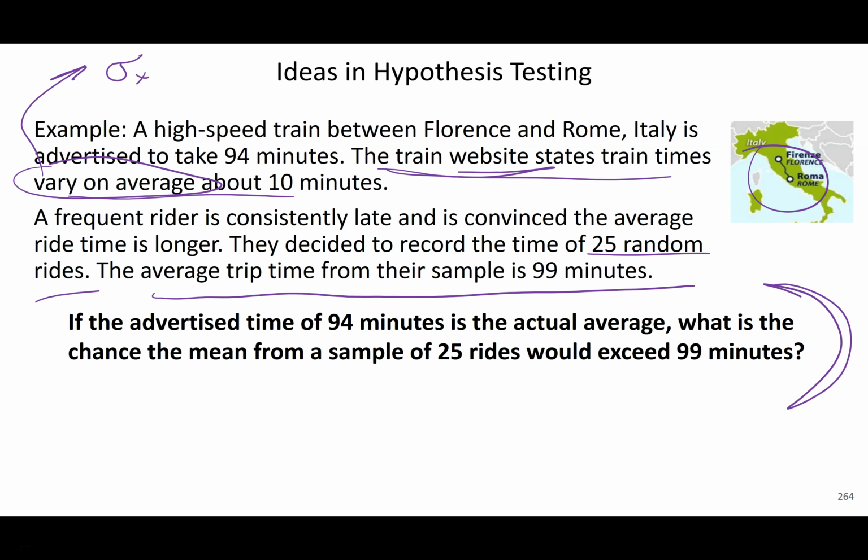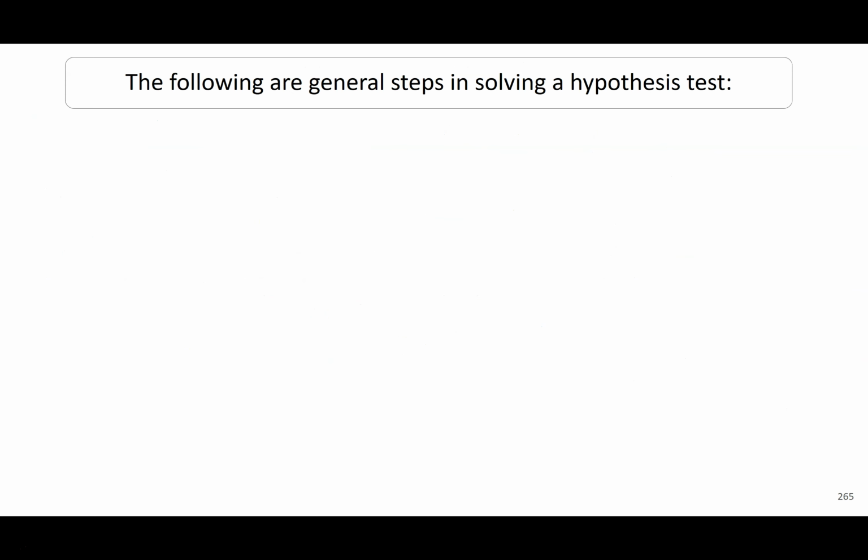So the question of interest is: if the advertised time is 94 minutes like it's claimed, what are the chances that I take a random sample of 25 and it's 99 minutes or higher? We want to basically ask, how weird is what we saw, or weirder than what we saw, if we assume that the website's correct.